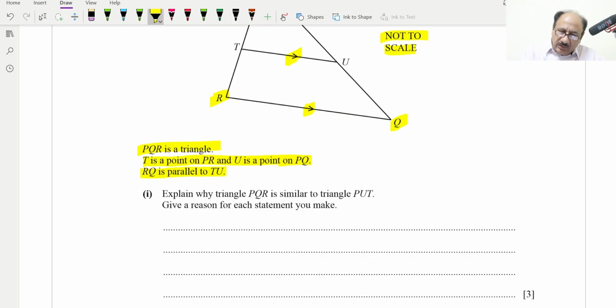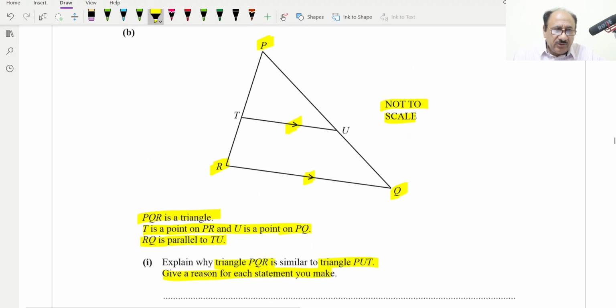Explain why triangle PQR is similar to triangle PUT. Give your reason for each statement. So first of all, we can write angle PTU. This angle will be corresponding to angle PRQ. These two will be corresponding angles, so this angle and this angle will be equal.